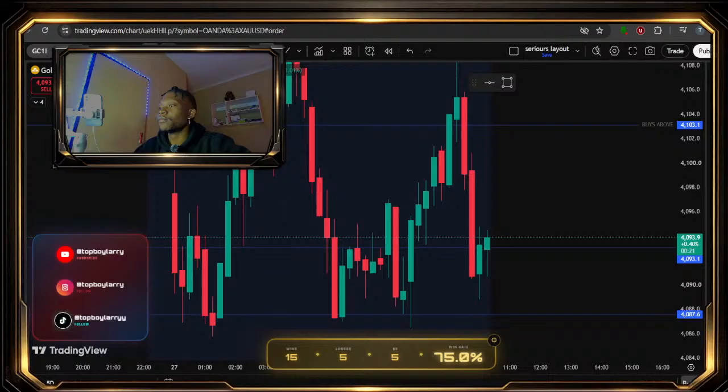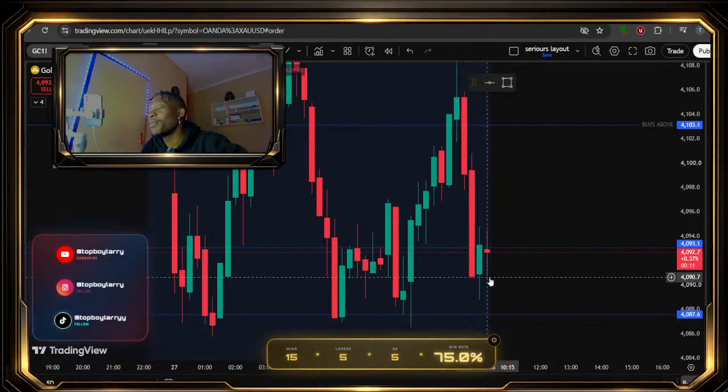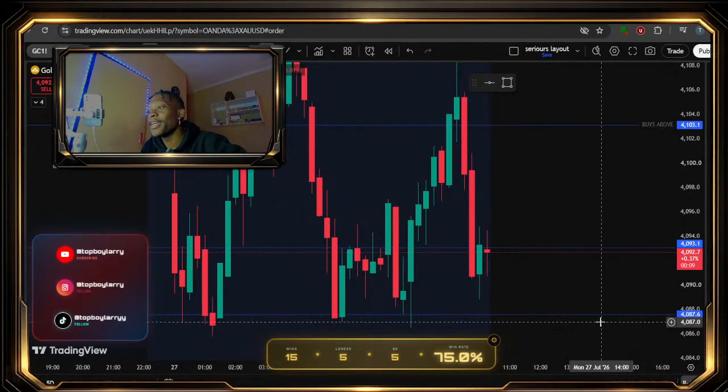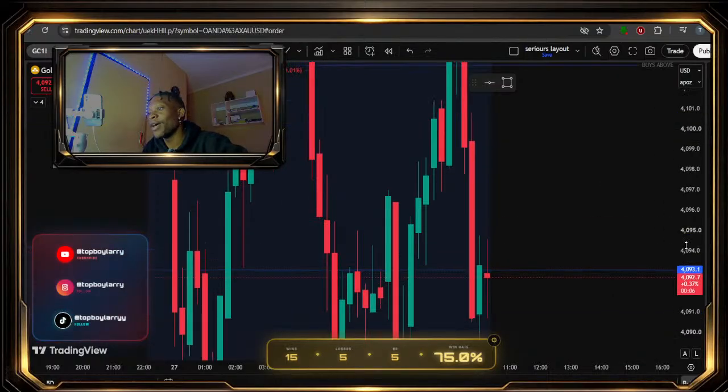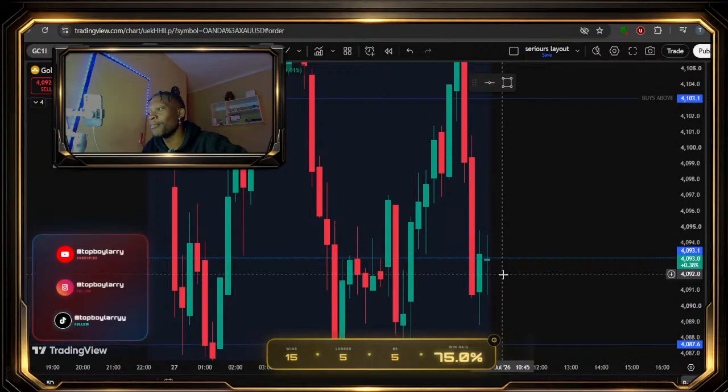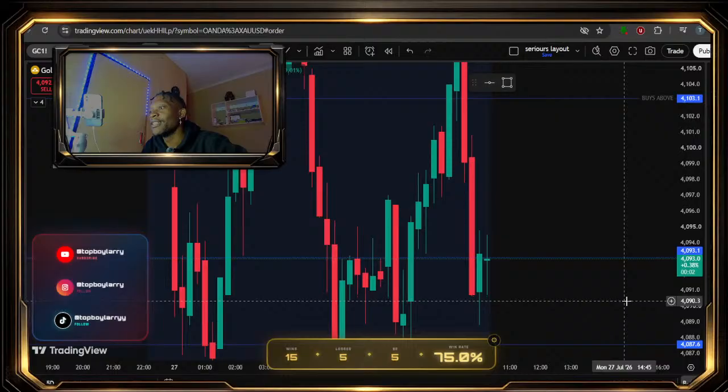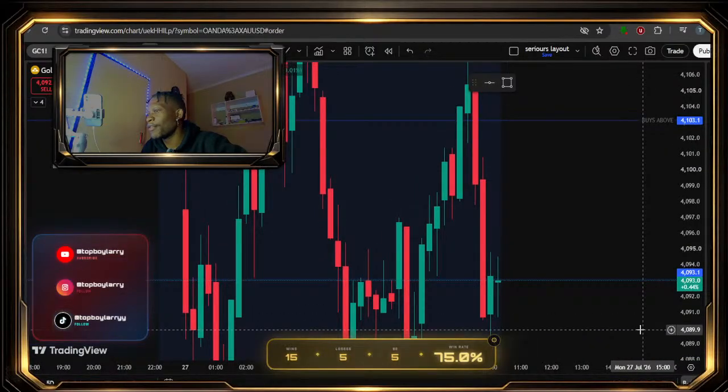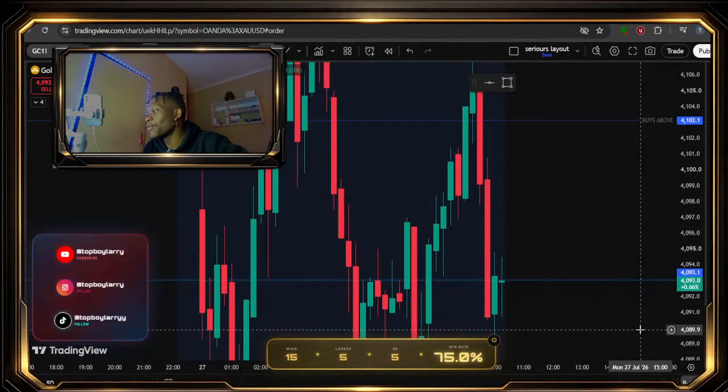What type of closure are we gonna get here in 20 seconds? Are we gonna close back above or below here? If we close back below here, guys, then the buys are no longer valid for me here. But if we close above here, then I might just be interested in looking for the buys here. So let's see what type of closure we get.